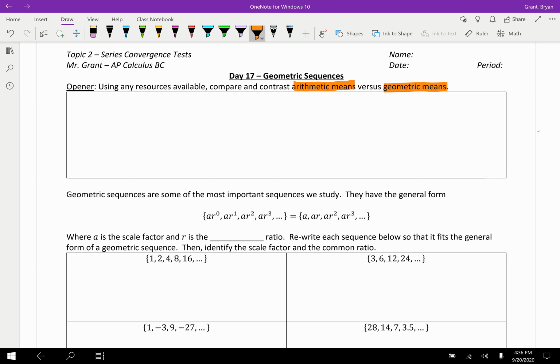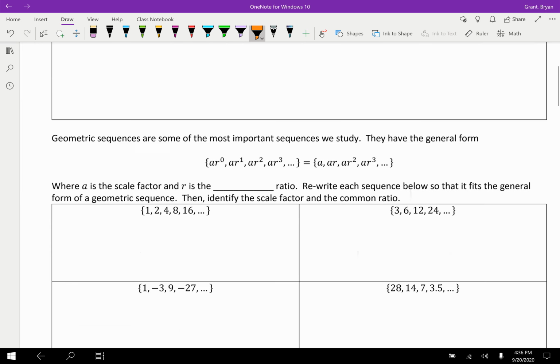We did that in a previous video, but there's space here so you can write that down. Hopefully you've gone through and refreshed yourselves on what a geometric versus an arithmetic mean is. Really, it's more of a fun reasoning behind the names than anything we're going to use too much today. So let's get to it.